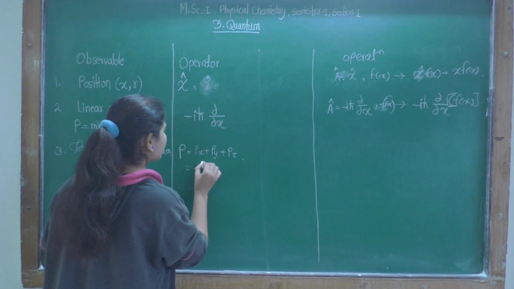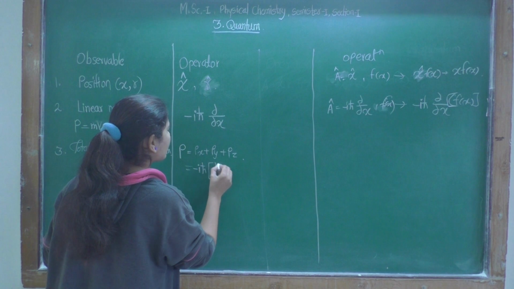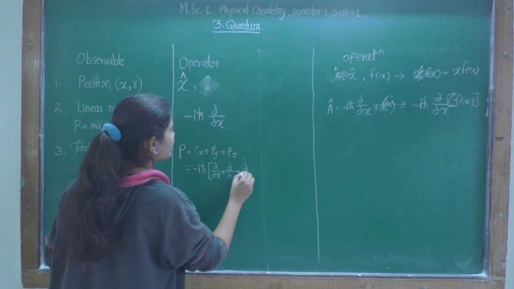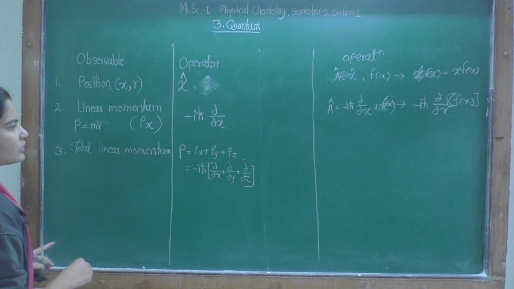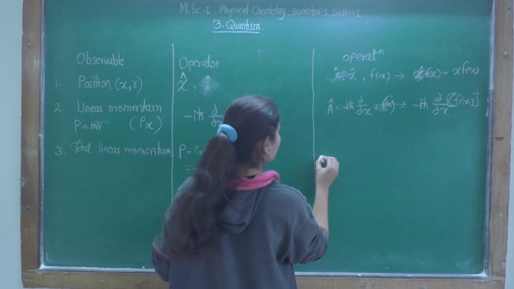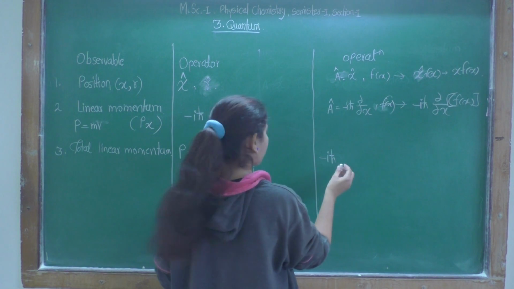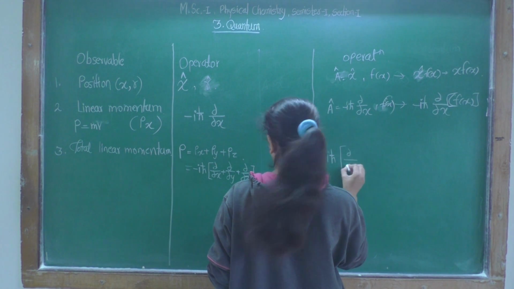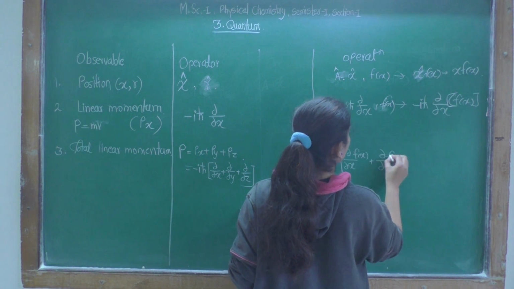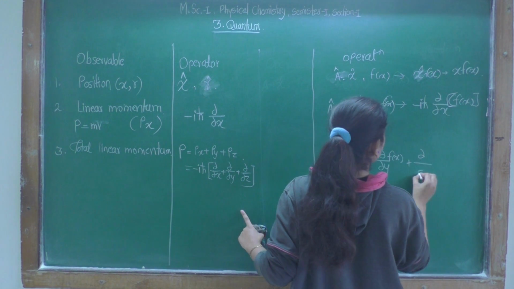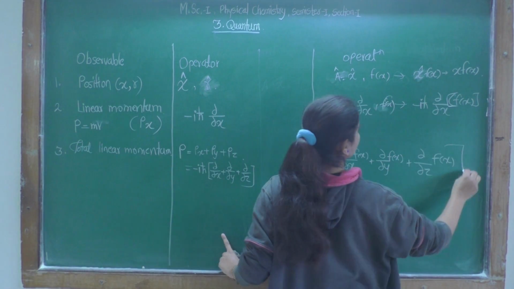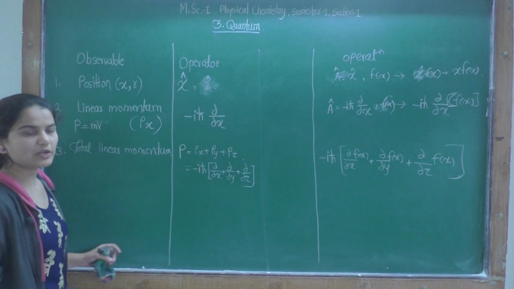So we get minus i h cross, in brackets, del by del x plus del by del y plus del by del z. That is the total linear momentum, and the operation is similar: we multiply by f of x, so we get minus i h cross times del by del x of f of x plus del by del y of f of x plus del by del z of f of x. This is the operation. In this way it will operate.